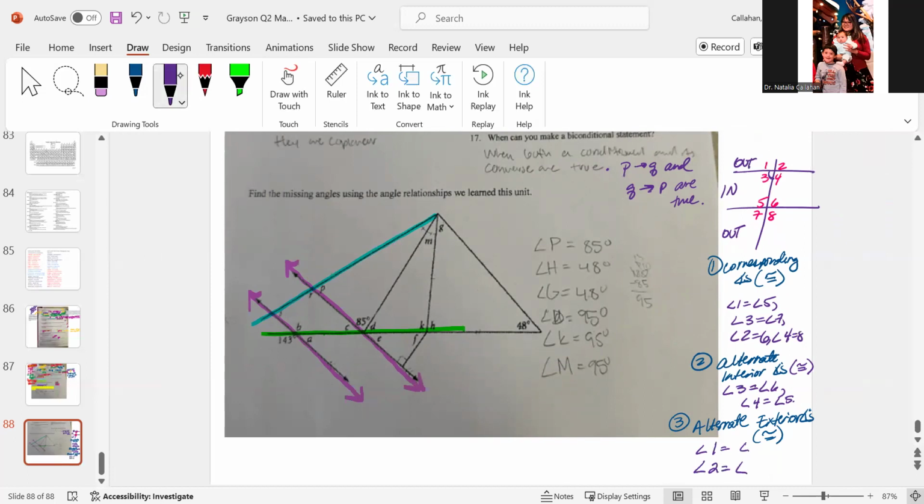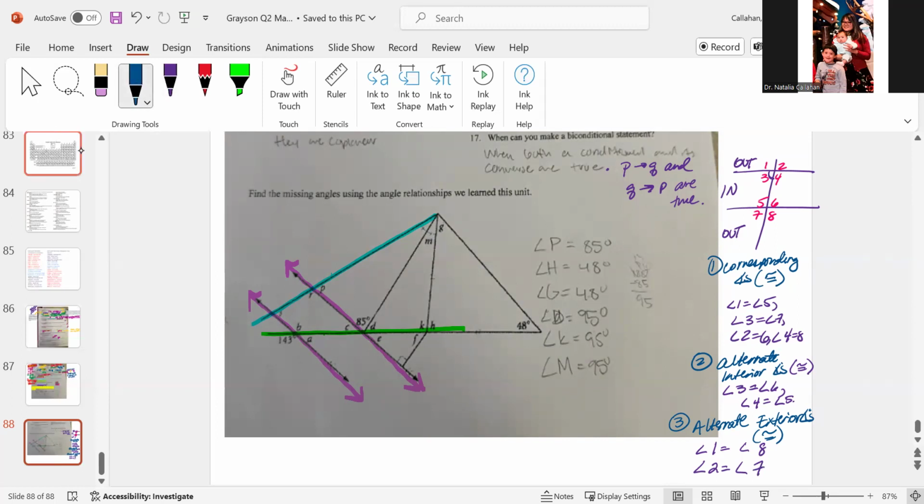What do you think that's going to be? Well, angle 1 is equal to angle 8, right? Because they're on the exterior, which means out, right? Yeah. Angle 2 is equal to angle 7. Okay.